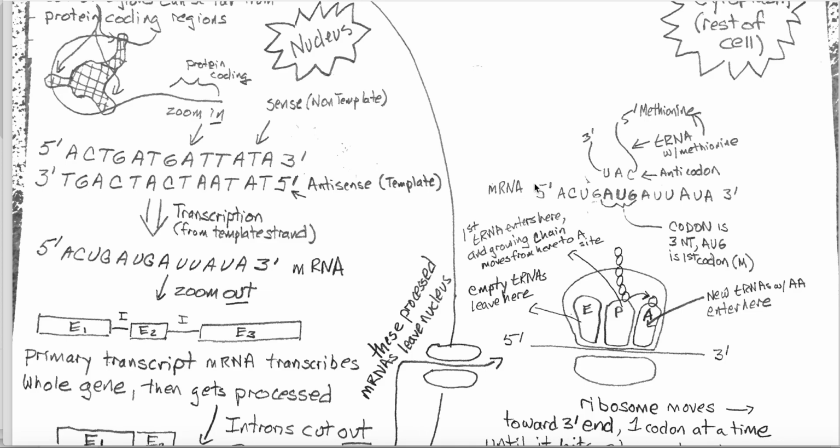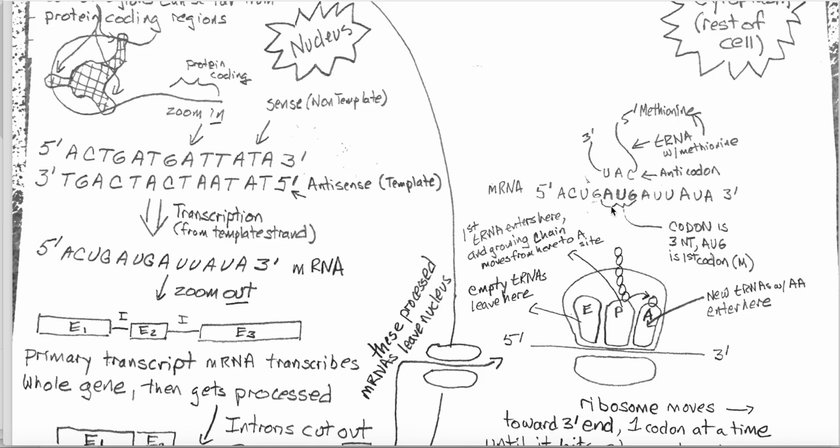This mRNA is going 5' on the left, 3' on the right. The tRNA that's going to bind to it is 5' on the right and 3' on the left, anti-parallel. And these base pairs match up, and that tRNA has a methionine stuck to it. So the first amino acid will be methionine, the first codon is AUG.